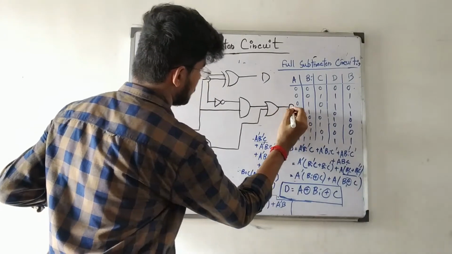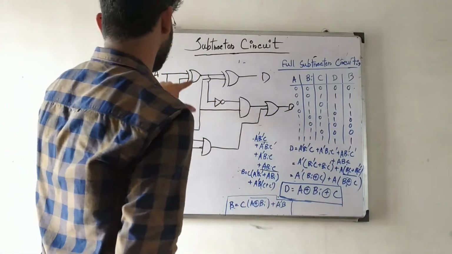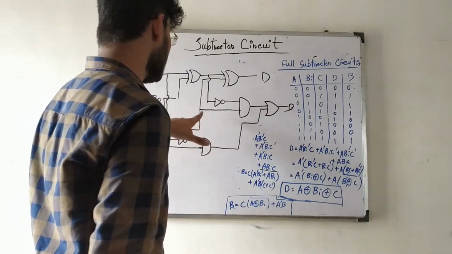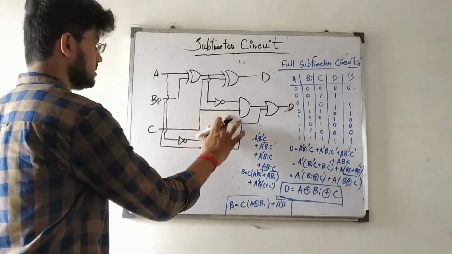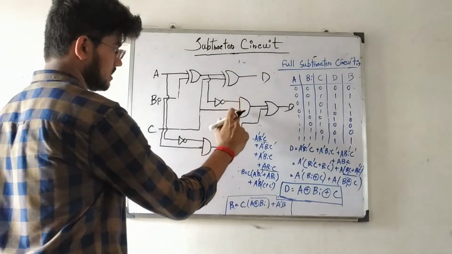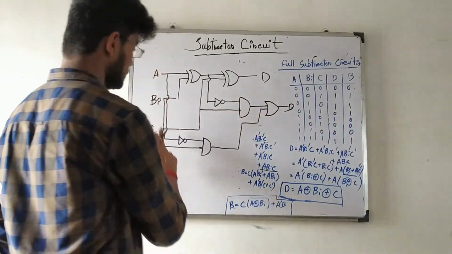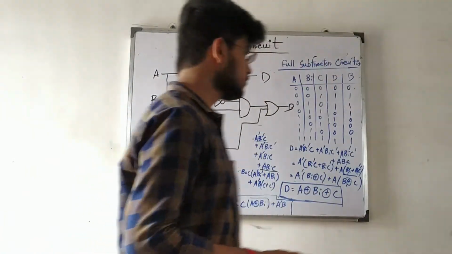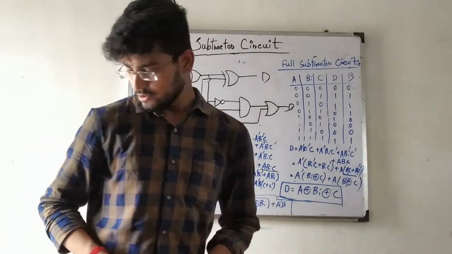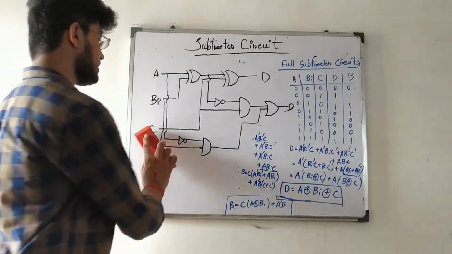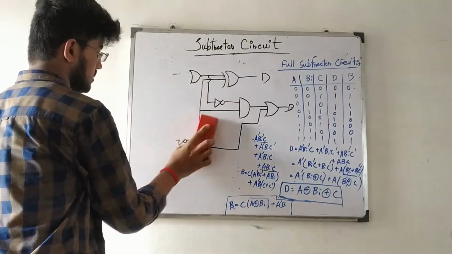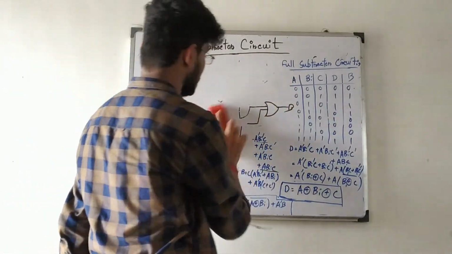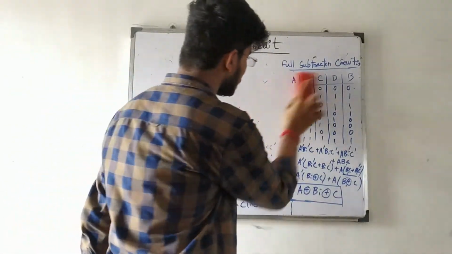So we can see from there that D is equal to A XOR B XOR C, and B is equal to C dot (A XOR B) whole bar plus A bar B. So this is the circuit for the full subtractor. In this way we have seen the adder circuit and subtractor circuit. From the next lecture we will start a new topic that I told you before, that is the decoder circuit.